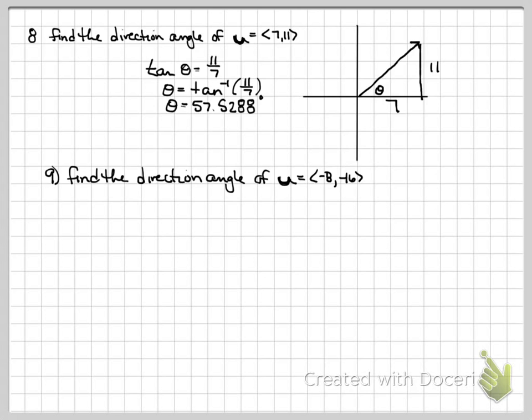Alright, let's move on to number 9. I want to find the directional angle for this vector. So again, I'm going to put a graph on there, so why don't you sketch the graph. This time my horizontal component is -8 and my vertical component is -16. So that means I'm going to be going to the left and down.